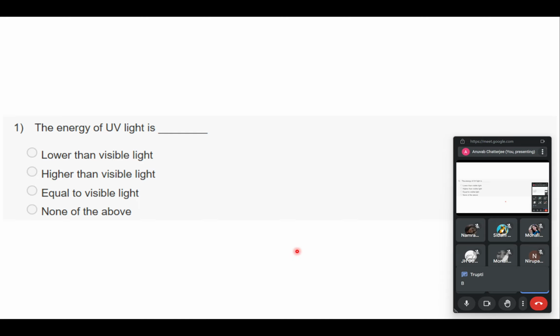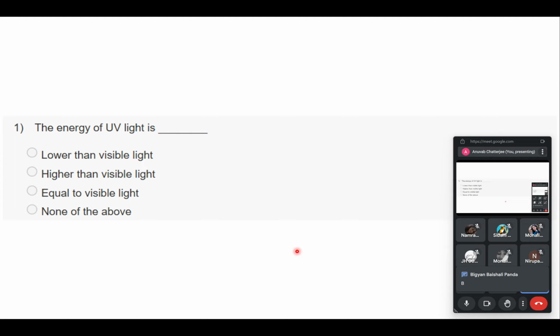Vishwajit and Trupti both say B, higher than visible light. Aruna says A, lower than visible light. Jagruti and Shanti Priya both say B. Lisa, Priyanka, and Mona Lisa all say higher than visible light. Kamlesh and Lakshmi Priya also say B. Bigyan also says B.